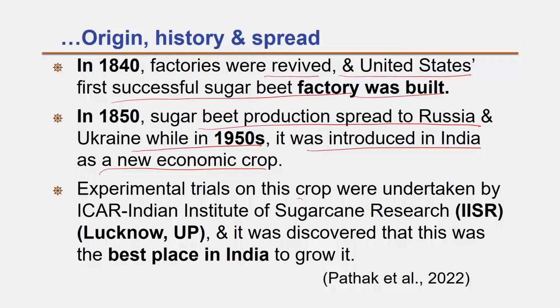So you can see that in India it was not a very old crop; it was introduced from outside. Experimental trials on this crop were undertaken by ICAR, Indian Institute of Sugarcane Research, Lucknow, Uttar Pradesh, and it was discovered that this was the best place in India to grow the sugar beet crop.